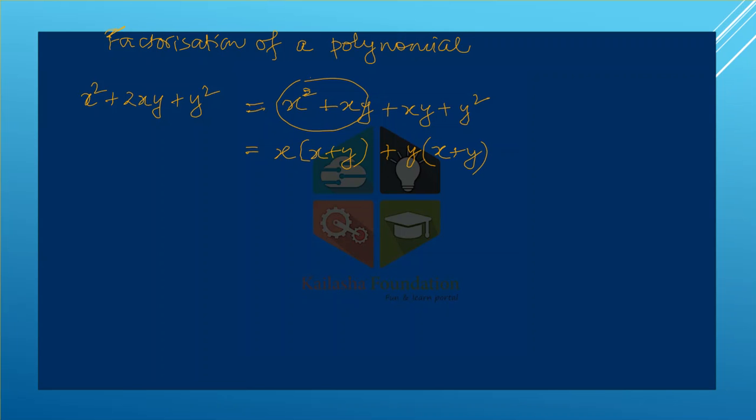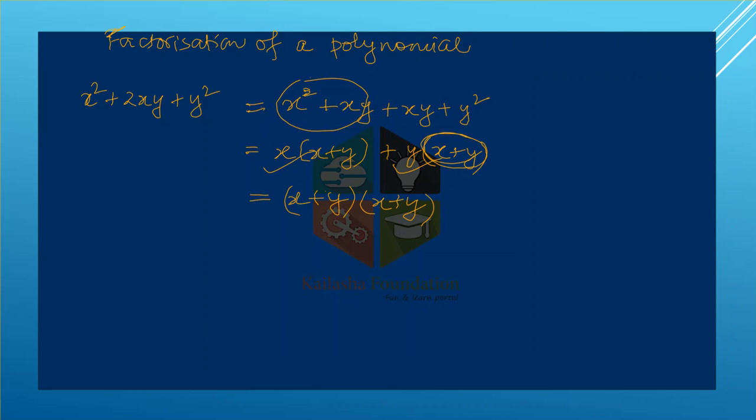Now there are two terms. From both the terms, taking x plus y common, we get x from here and y from here. So x plus y. Okay.